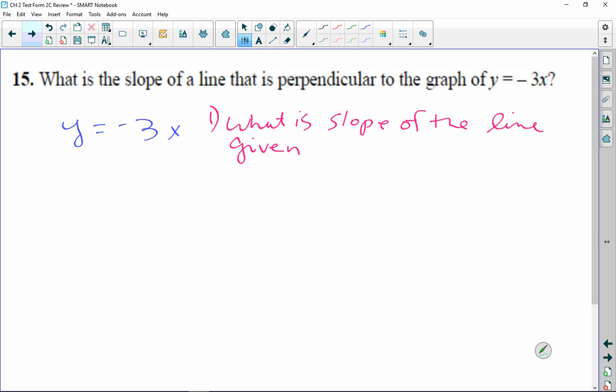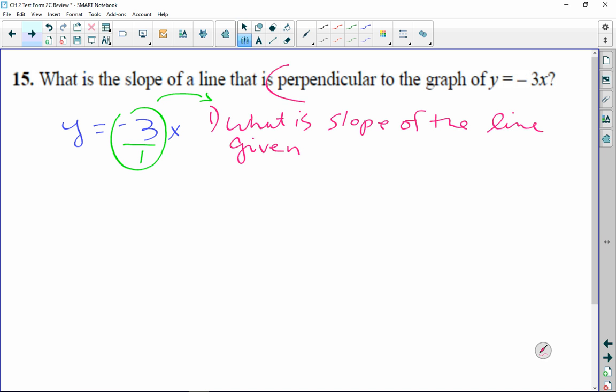What's the slope of the line that's given? Hello, you guys awake? It's negative 3, isn't it? Over what, Millie? Over 1. Okay. That's what we've got to find first.